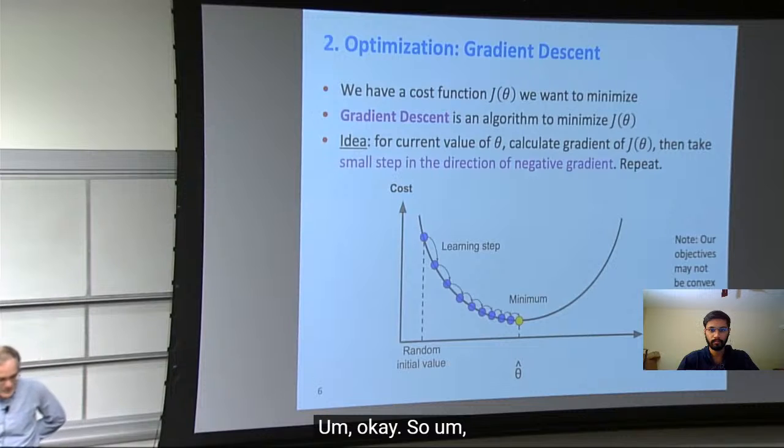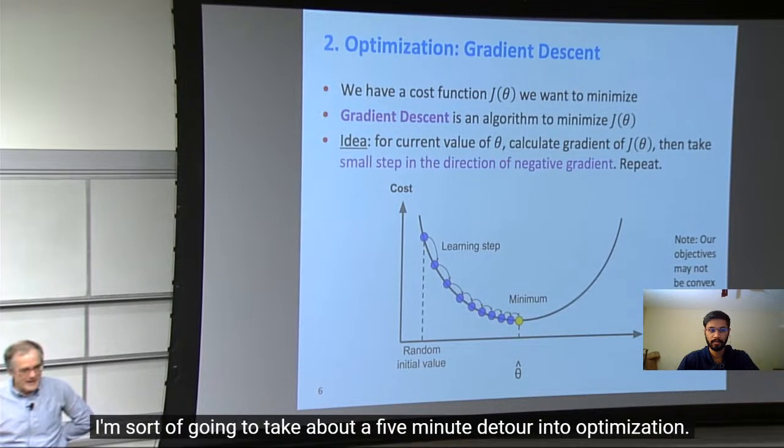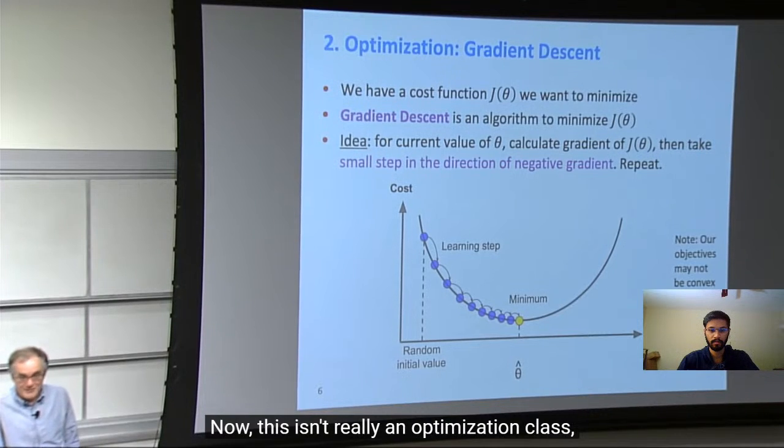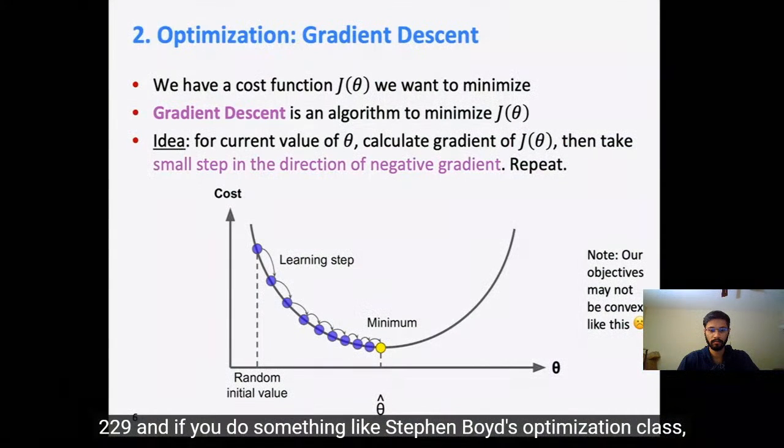Okay, so we started to talk about how we went about learning these word vectors. I'm going to take about a 5-minute detour into optimization. Now, this isn't really an optimization class. If you want to learn a lot about optimization, you can learn more if you do 229, and if you do something like Stephen Boyd's optimization class, you can learn a lot.